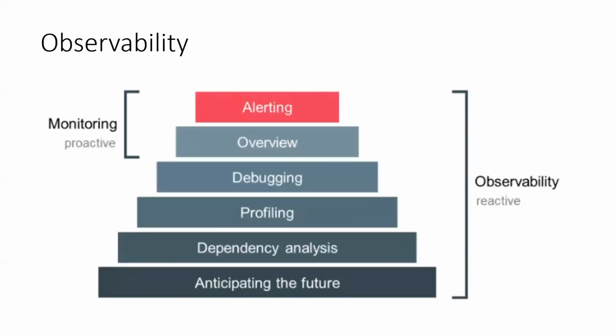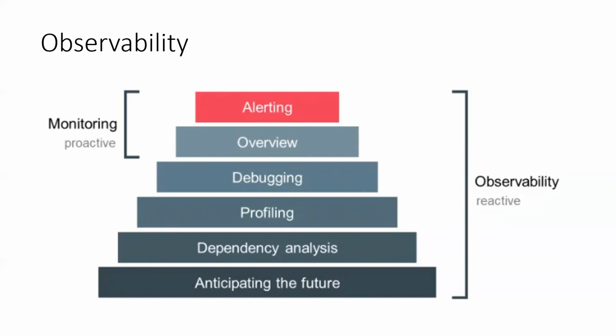So here, I'll give you a little more visualization for understanding monitoring versus observability. Monitoring is basically alerting and an overview, but observability will give you alerting plus overview plus debugging automatically, profiling, dependency analysis, and anticipating the future also.